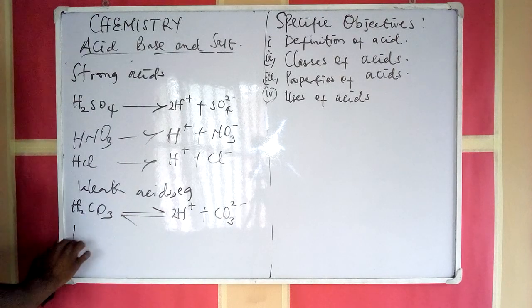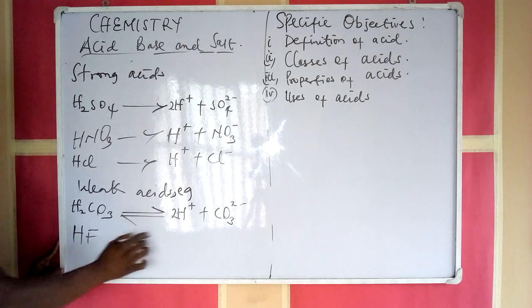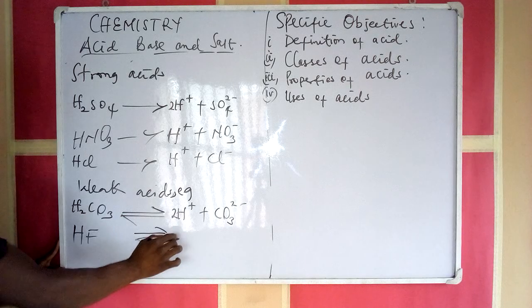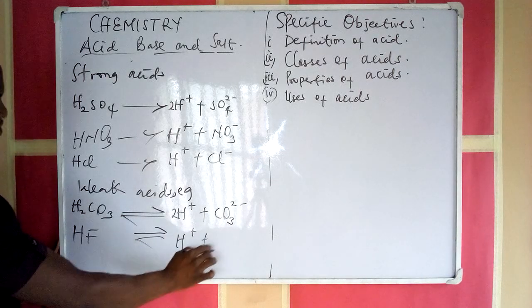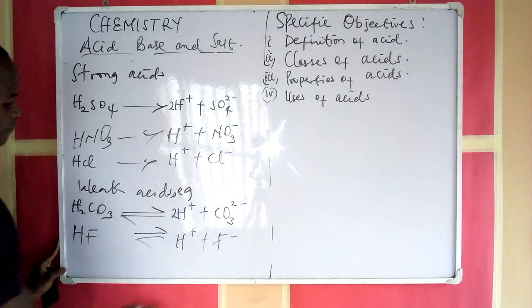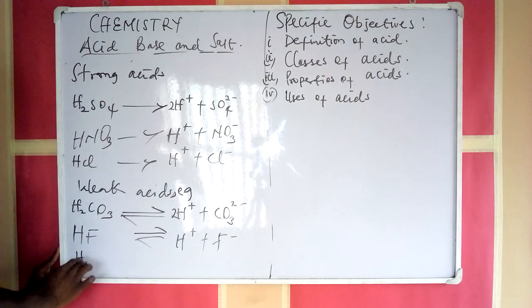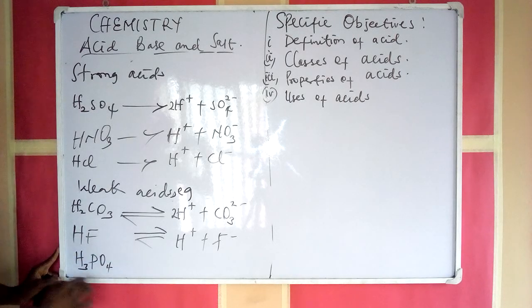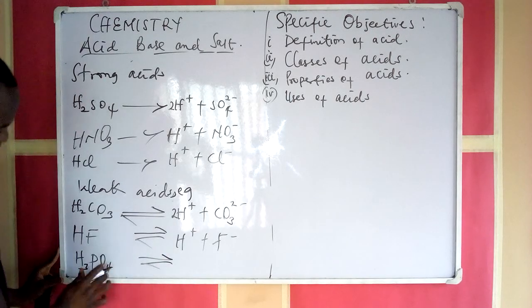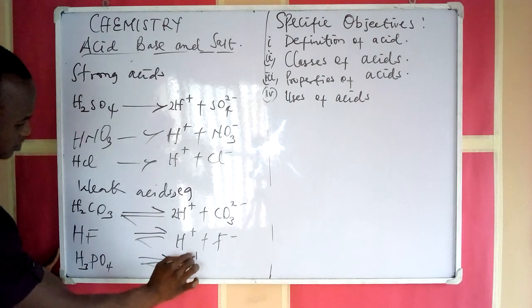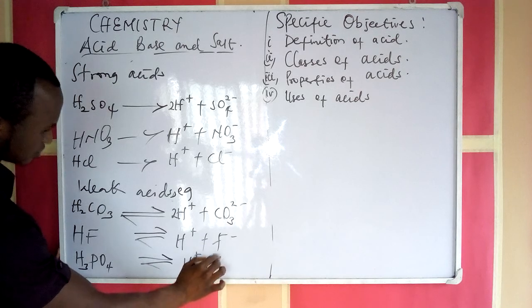You look at another one that we call hydrofluoric acid. When it ionizes, it gives H plus and F minus. Then we look at another one, tetraoxophosphate 5 acid. It ionizes to give us this.